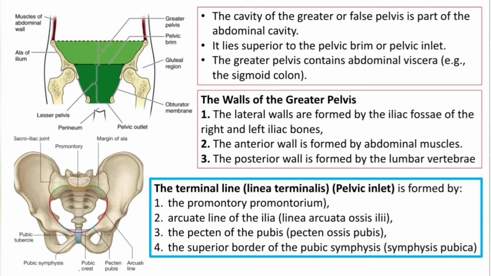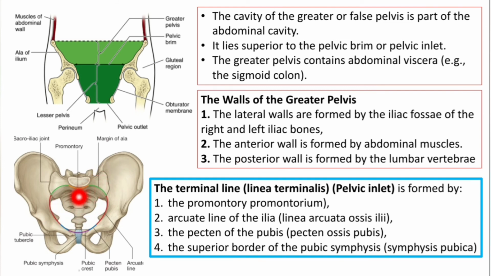And next, the pecten of the pubis, pecten ossis pubis, and last but not least, the superior border of the pubic symphysis, symphysis pubica, here labeled pubic crest. You can see, that's the pelvic inlet into the true pelvis. So that's the greater pelvis.